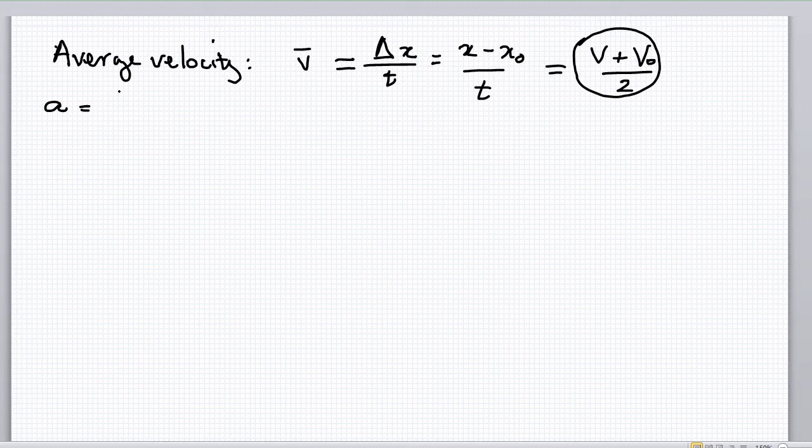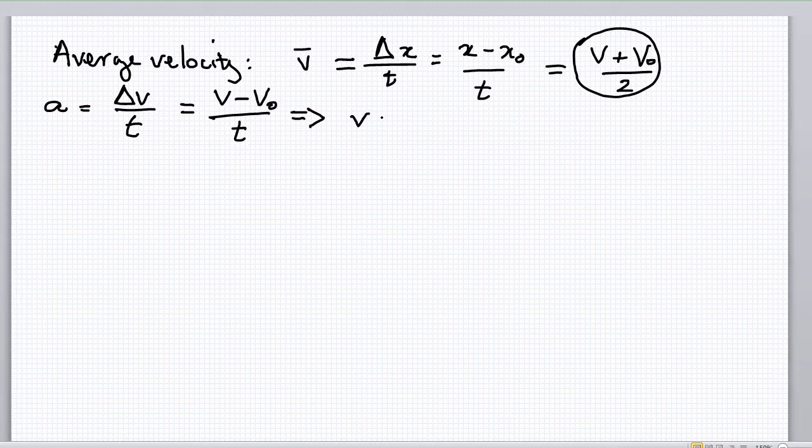All right, what is acceleration? Well, acceleration is the change in velocity as a function of time, which is equal to v minus v naught over t. And that can be rewritten in this form by multiplying both sides by t and adding v naught to both sides.